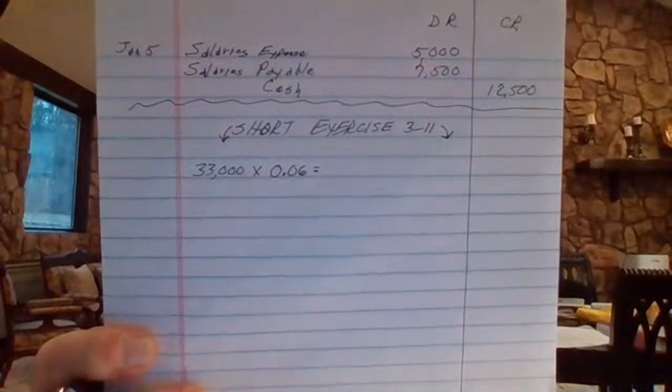So that'd be 0.06. Well, let's see what that's going to be. 30,000 times 6% would be $1,800. Yep. But that's for a full year.